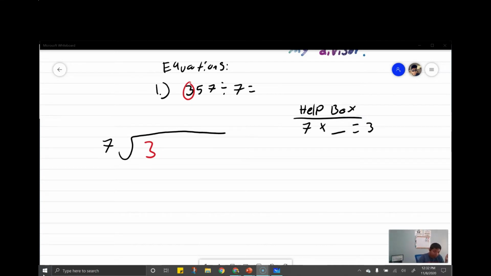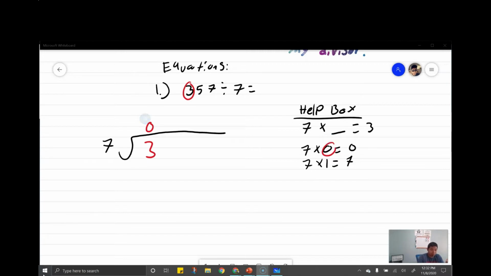Give me some examples. 7 times 0 is going to equal 0, but it's close to 3. Let's go one more. 7 times 1 is going to be 7, but that's a little bit too far from 3. So which one do you think I'm going to use, 0 or 1? Good, 0. So 0 goes up here.